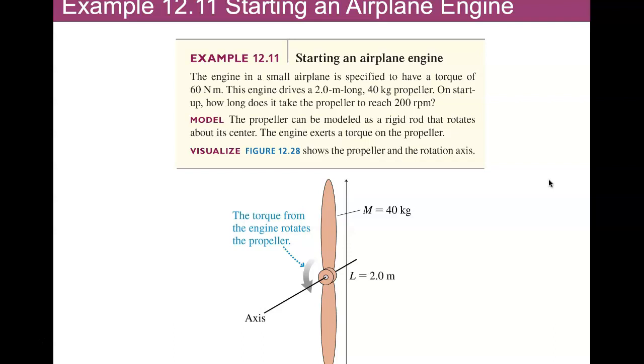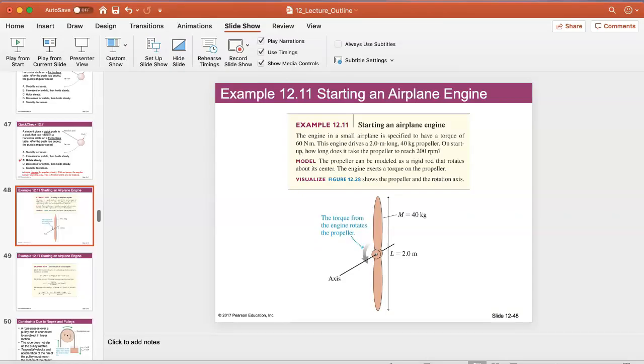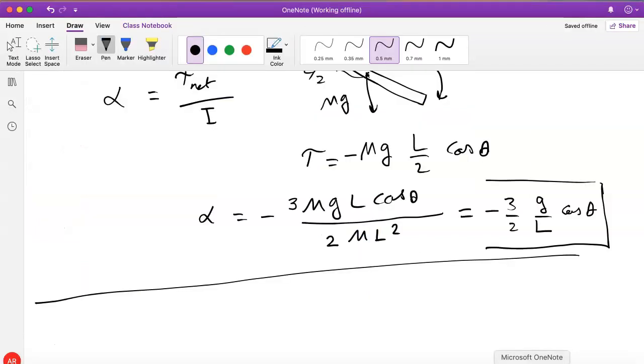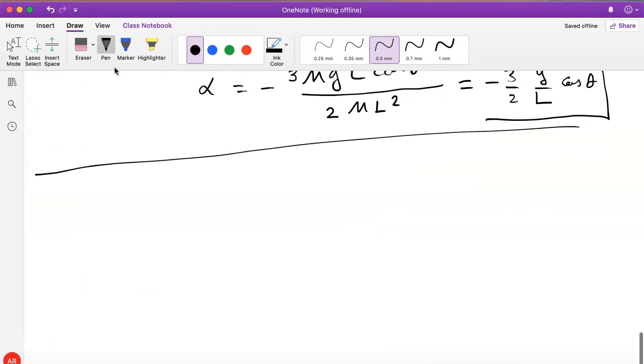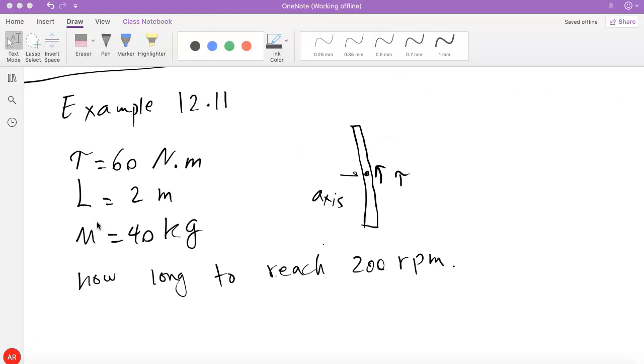All right. So let's go back here and try to do this together. So example 12.11. All right, so these are the parameters of the problem.